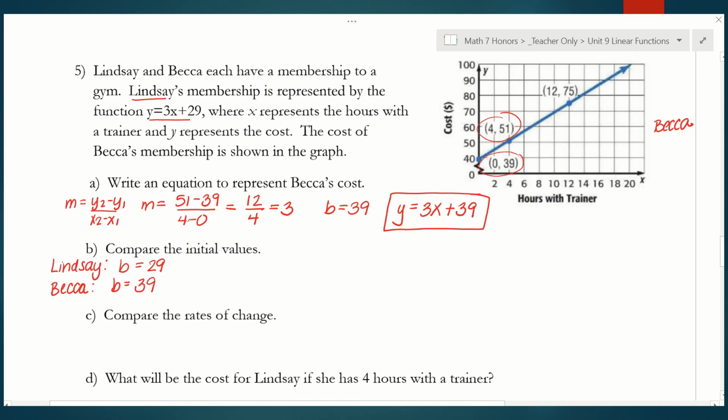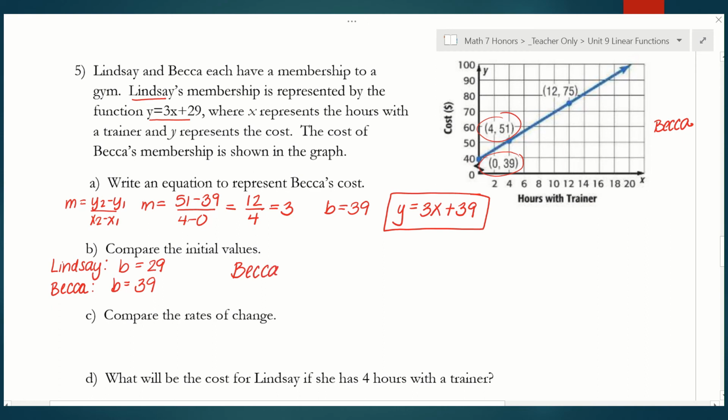It means that if they're using 0 hours with their trainer, they're paying $29 and $39. It's almost as if that is their monthly membership fee without any training. So to compare them, we can say Becca pays a higher monthly membership fee.